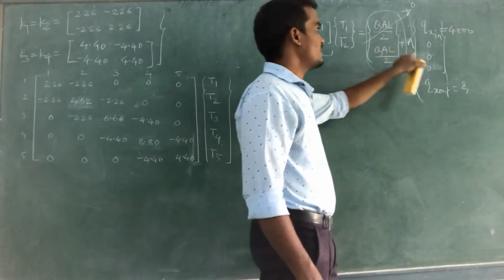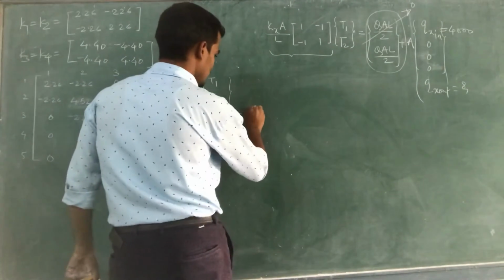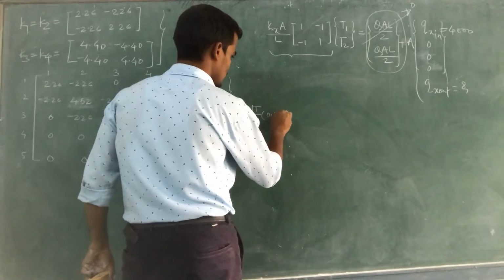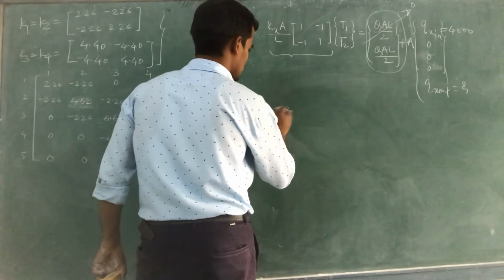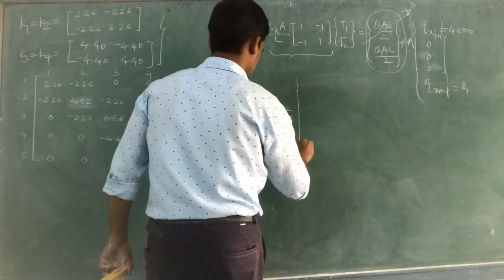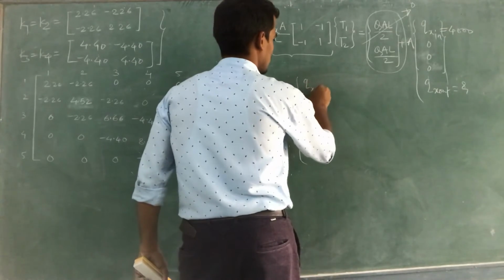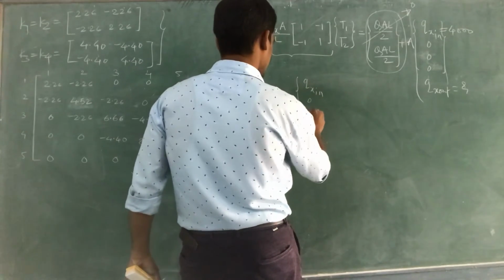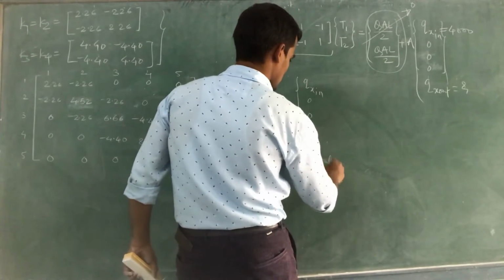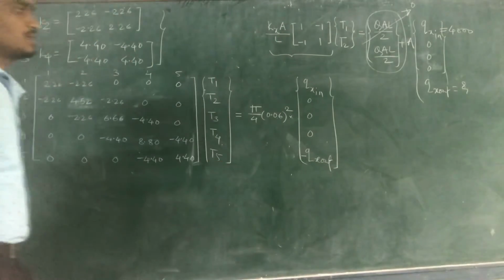And now finally this is the boundary condition, equal to area times, it is nothing but pi by 4 into 0.06 squared, into this value qx in, 0, 0, 0 and qx out, it should be negative because it is going outside.